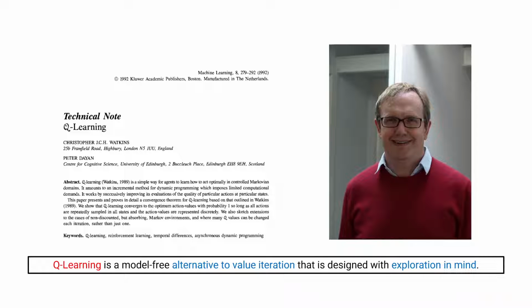But it is called model free because it doesn't try and learn a model like the value iteration algorithm or algorithms that use value iteration do. And it also has exploration as a key component of the algorithm, which is important because in the value iteration algorithm, we kind of separated those two parts out. You go explore to learn the model, and then once you learn the model, you apply value iteration, and they're kind of separate. In Q-learning, they're kept together.